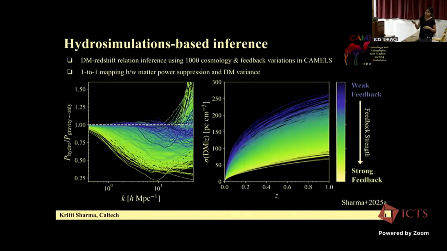So here you can think of color as denoting the strength of baryonic feedback, where blue represents weak feedback and hence larger variance, and white or this green color denotes a strong feedback scenario or smaller variance. So you can see that there's an approximately one-to-one correlation between variance in DM as a function of redshift and suppression of the matter power spectrum. So if we can actually measure this, then we should directly be able to translate that measurement into a suppression measurement as well.